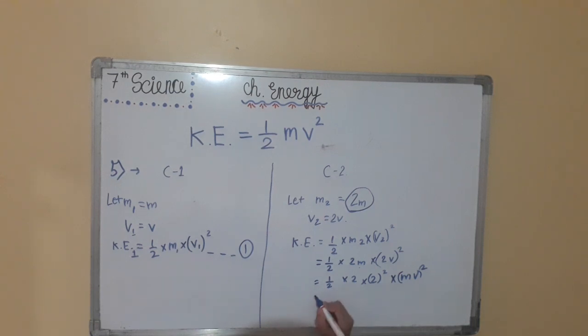So remaining is 2 into 2 square into half m v square. 2 square is 2 into 2, that is 4, and this 2 means 4 into 2 is 8. 8 into half m v square. This is the formula, so this will remain as it is.